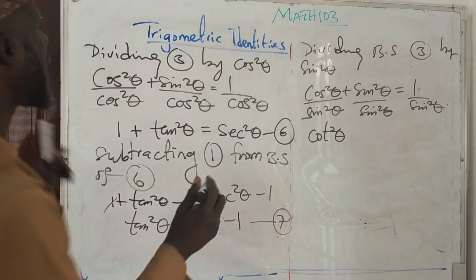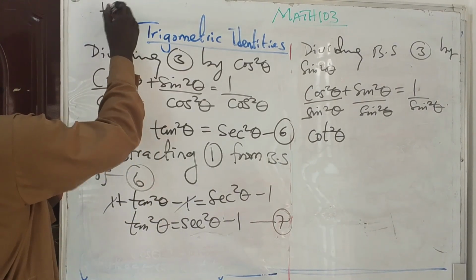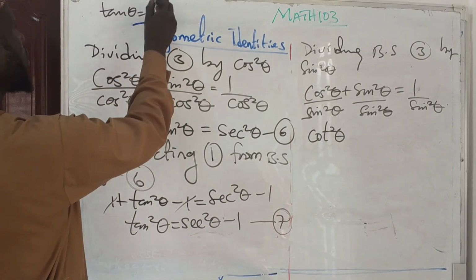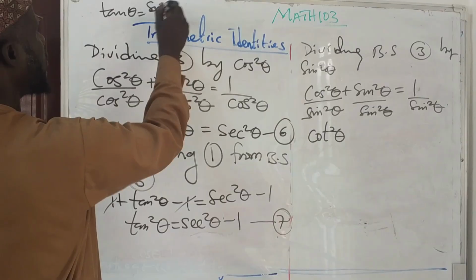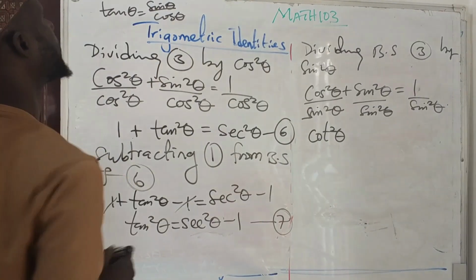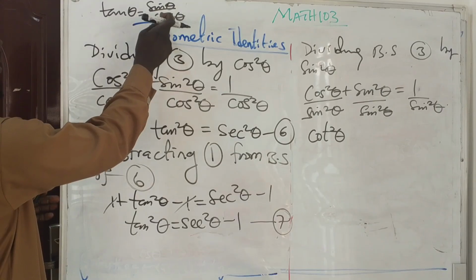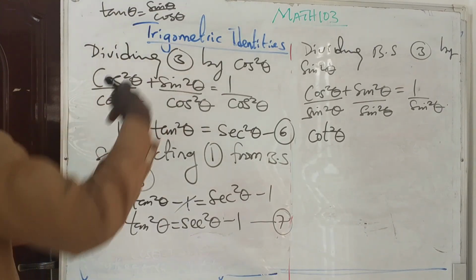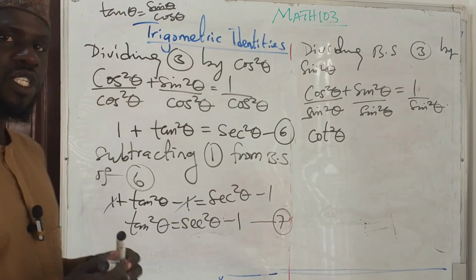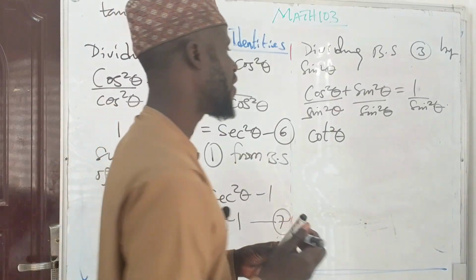Remember that tan theta is equal to sine theta over cos theta, so cos theta over sine theta is cot theta, the reciprocal of tan theta.